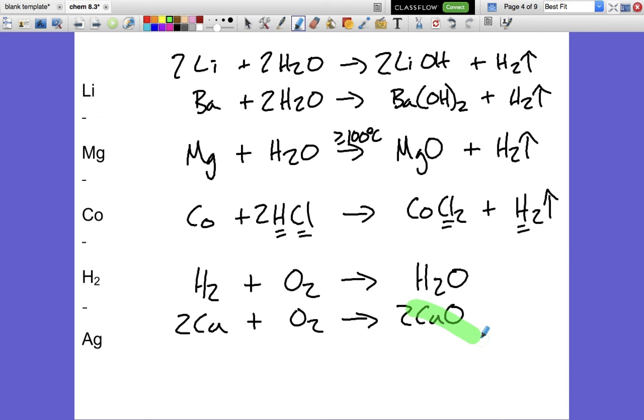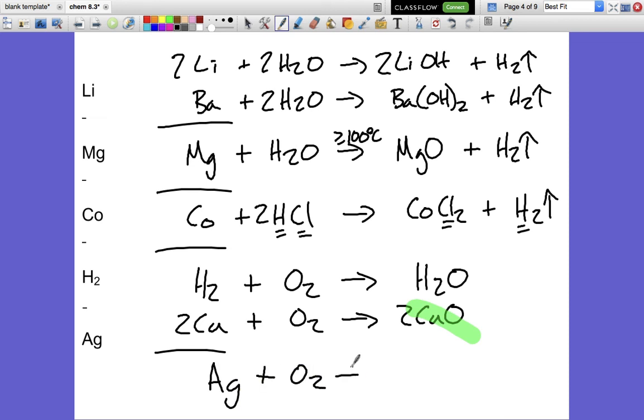Otherwise, that last group again, I'm kind of blurring my boundaries here. Remember, these are all separate from each other. That last group, if I had silver and I tried to react it with oxygen, I'd get nothing because silver is unreactive.